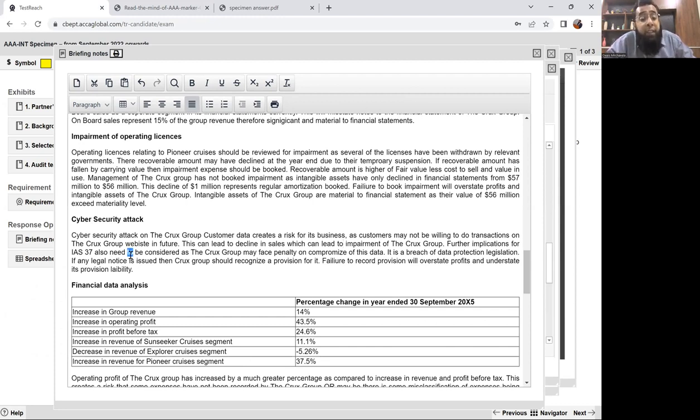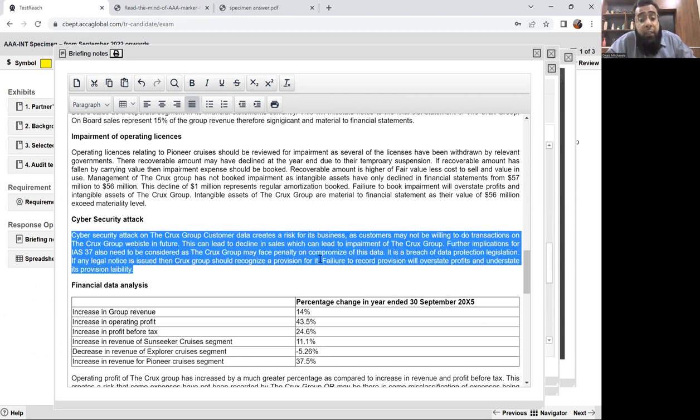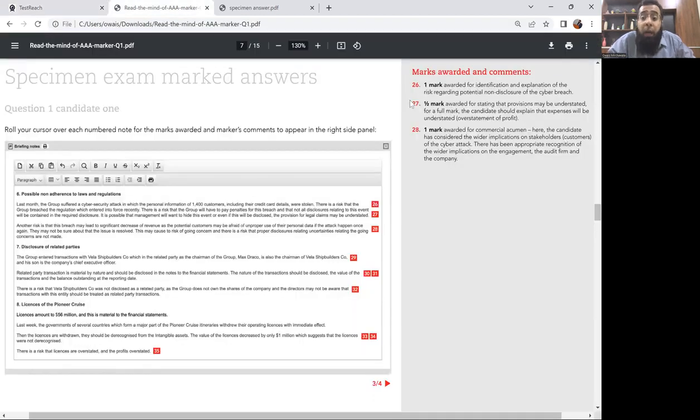Further implications of IAS 37 also need to be considered, as the Crux Group may face penalty on compromise of the data. It is a breach of data protection legislation. If any legal notice is issued, then Crux Group should recognize a provision. Failure to recognize provision will overstate profits and understate its provision liability. So if you look at it, he got good marks, 1 mark, 1.5 marks in technical and 1 mark for commercial acumen.